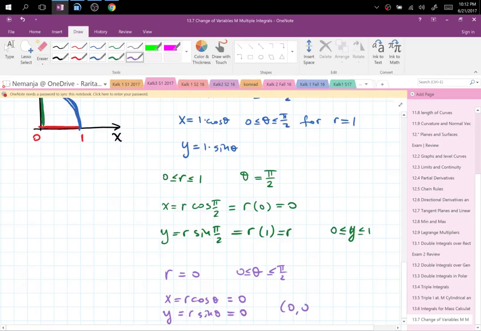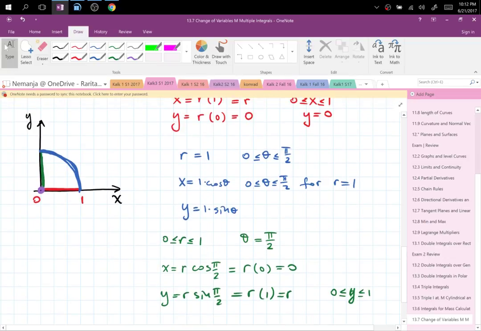So what we get is just the point 0, 0, which is the point right there. And this is our region R. Now we transformed it. So I went from the rectangle into a quarter of a circle using the transformation for polar coordinates.